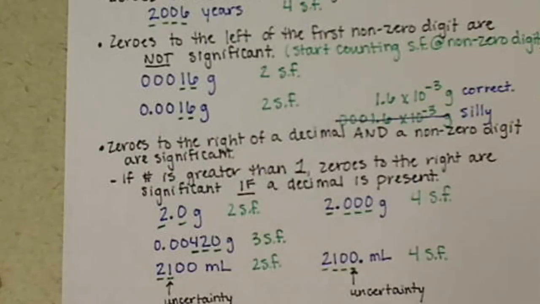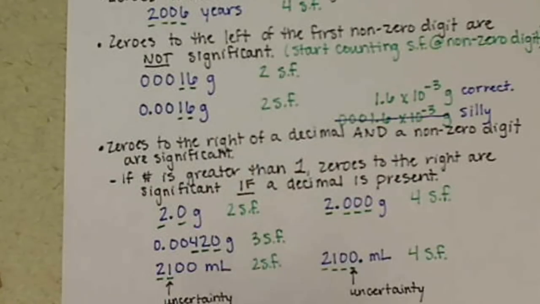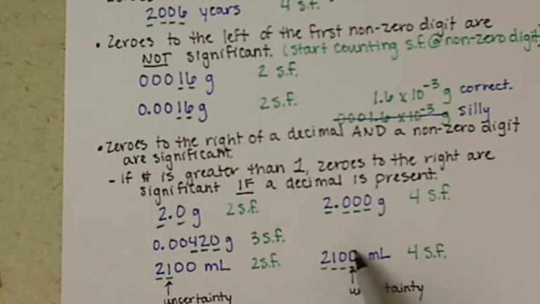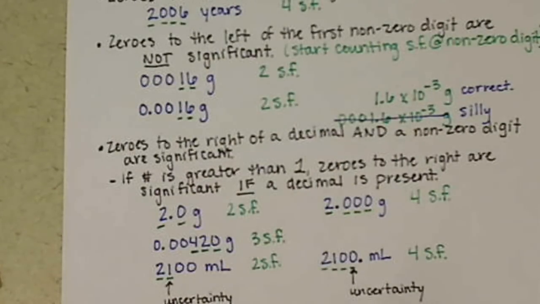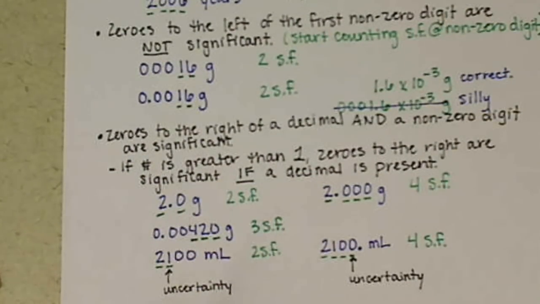This could range from 2,000 milliliters to 2,200 milliliters. In this value, our range is much smaller. This could be 2,101 milliliters; it's this last digit where that uncertainty is. So as scientists, it's very important to know and understand where that degree of uncertainty is, and we keep track of that by keeping track of what is significant and what is not.